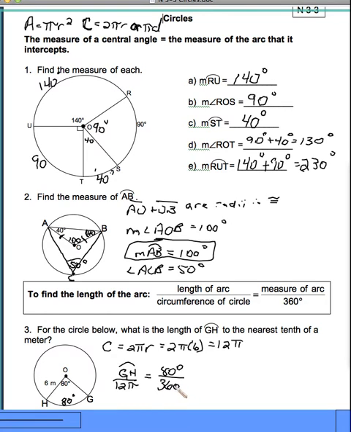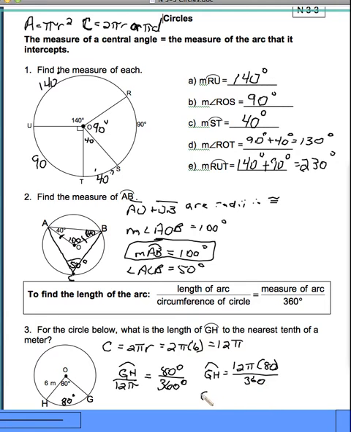So again, it's a proportion: the length of the arc over the length around the whole circle is equal to the angle measure of the arc over the angle measure around the whole circle. To solve this, the arc length of GH is equal to 12 pi times 80 over 360.